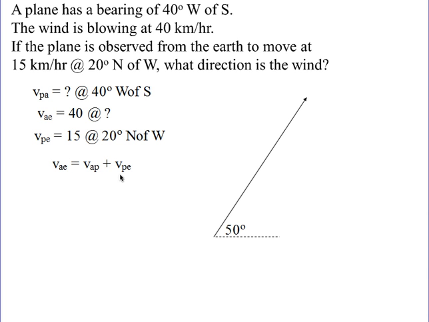And then this says to add on the plane to the earth, which is 15 at 20 north of west. And so I will draw a vector whose magnitude, this is the length, is supposed to represent 15, and it's supposed to be going at 20 north of west.